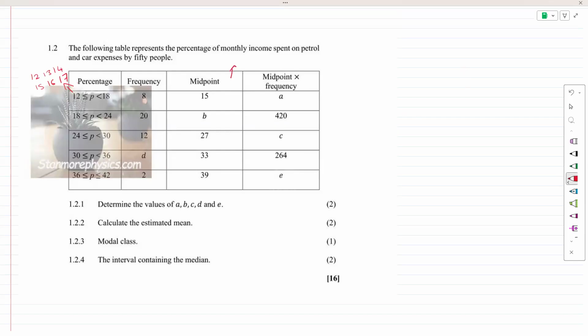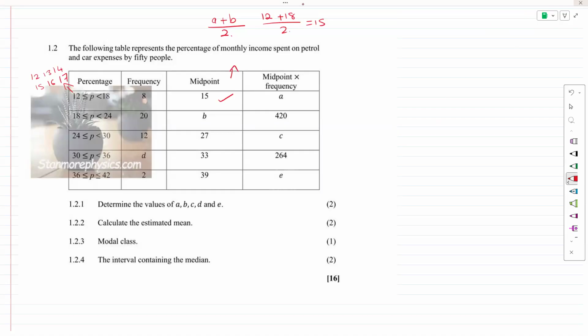The midpoint is the middle of the interval. How do I calculate the midpoint? I'm going to use A and B, but just take the first number plus the second number divided by 2. So 12 plus 18 divided by 2 should give you 15, and that's how they got 15.